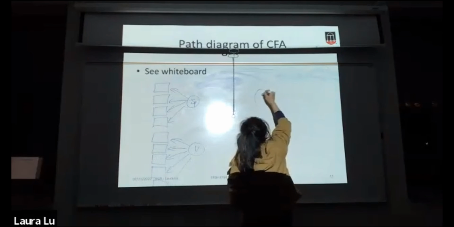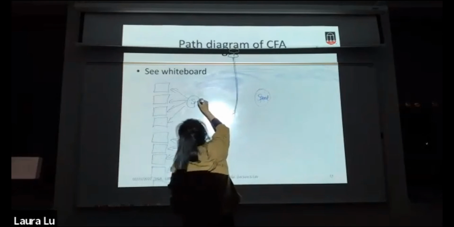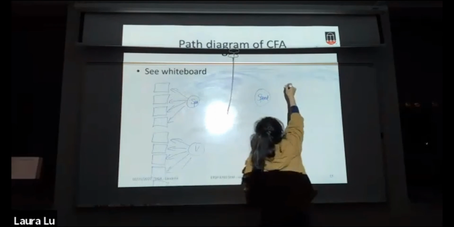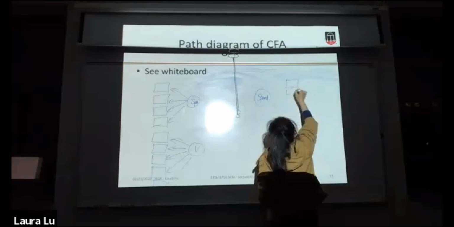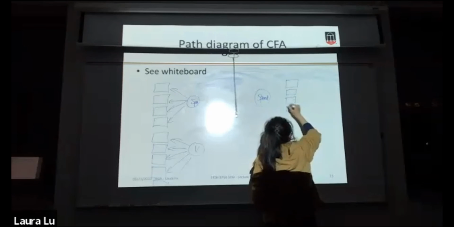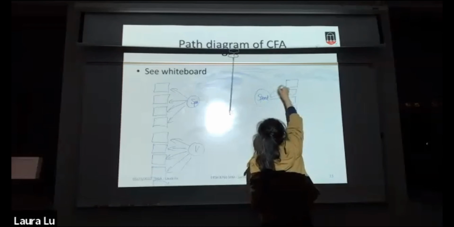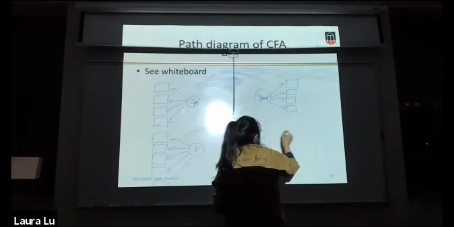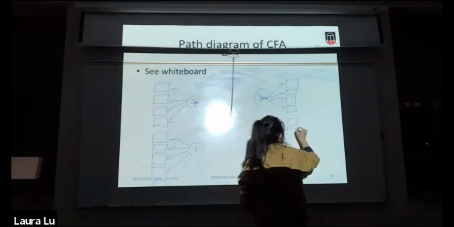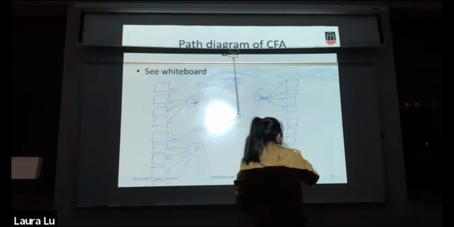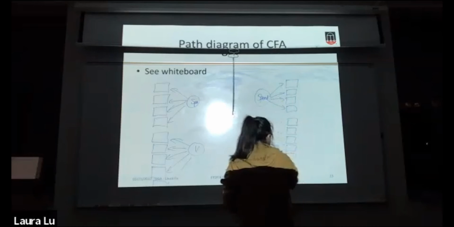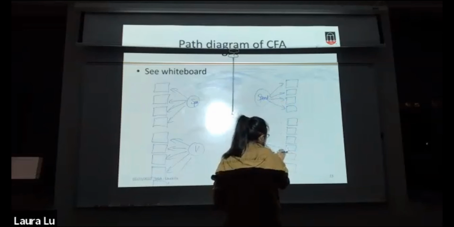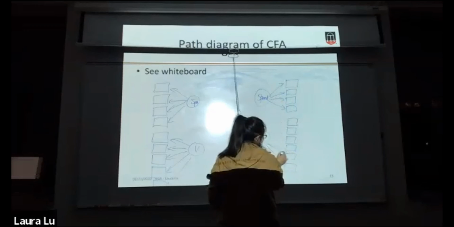And we have speed tests. This is for speed. This is spatial, which I think has 4. And we have memory with 6. So this is our path diagram.